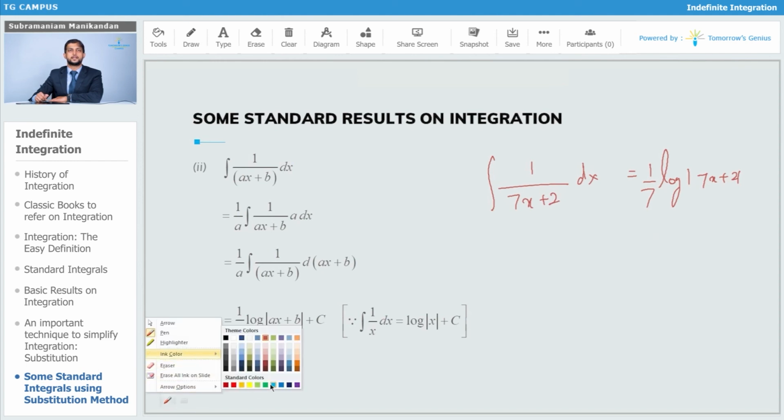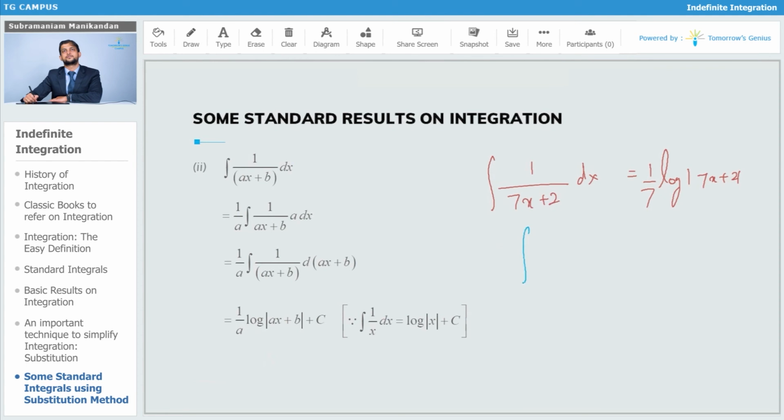Next, the integration of, say, 1 by 5x + 9 with respect to x equals 1 by 5 log of (5x + 9) plus the constant of integration.